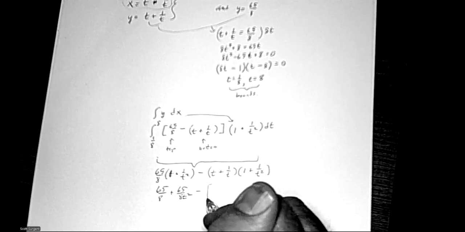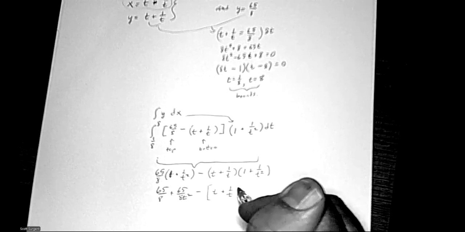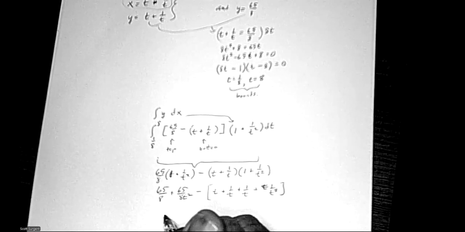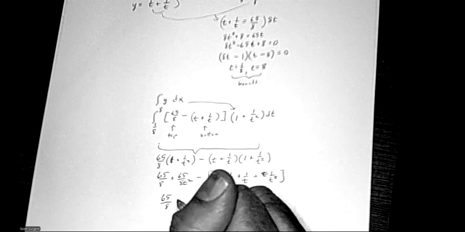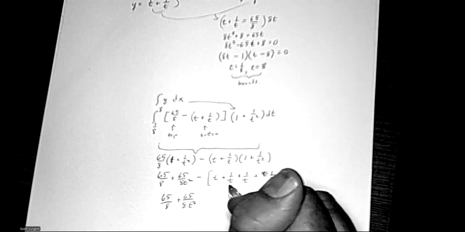And then here you get t plus 1 over t plus 1 over t plus 1 over t cubed. Sorry, hold on. I want to make sure you can see that. I'm not going to go all the way to the end. I'm just going to try to simplify this a tiny bit.